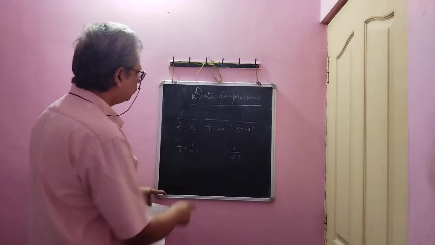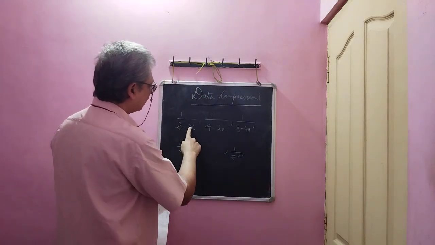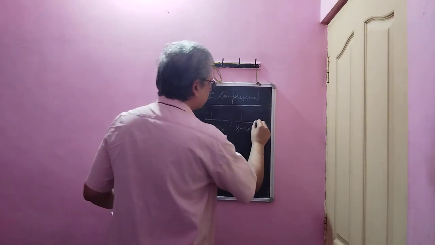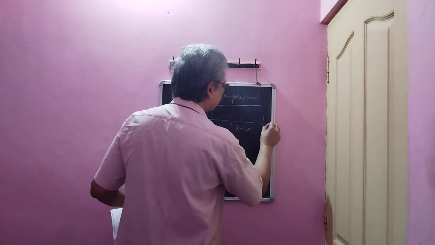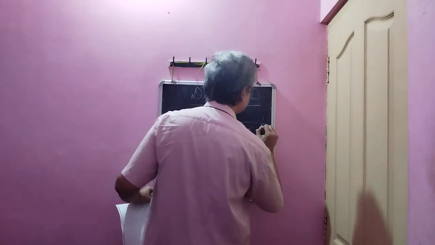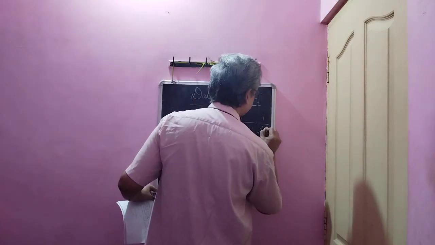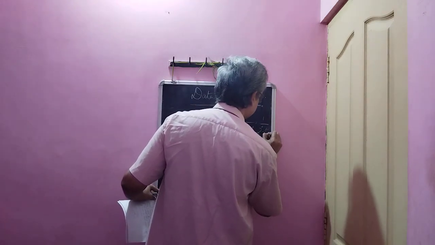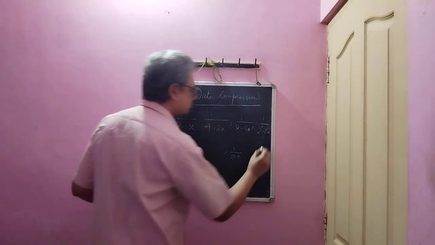So the two sequences are 1 by 2 minus x, 1 by 4, and so on up to 1 by, we require only l of these instead of l dash. Here it should be 2 power l minus 2 power l minus 1 into x.